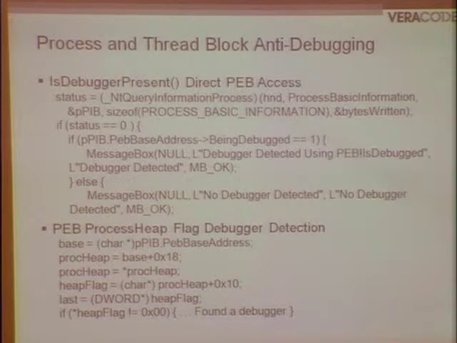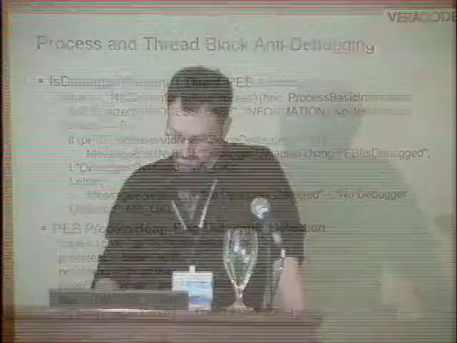We look at a heap header at offset 0x10, which has the heap header flags and will indicate if the heap has been created while in a debugger or not. If the heap was created under a debugger, the offset at 0x10 will be a non-zero value. So what we're doing here is we're looking at an offset of hex 18 from within the PEB, which is a pointer to the process heap, and then we're looking at an offset of hex 10 within the process heap, which contains flags about how that heap was created. If that flag within the process heap has a non-zero value, we know that it was created from within a debugger.